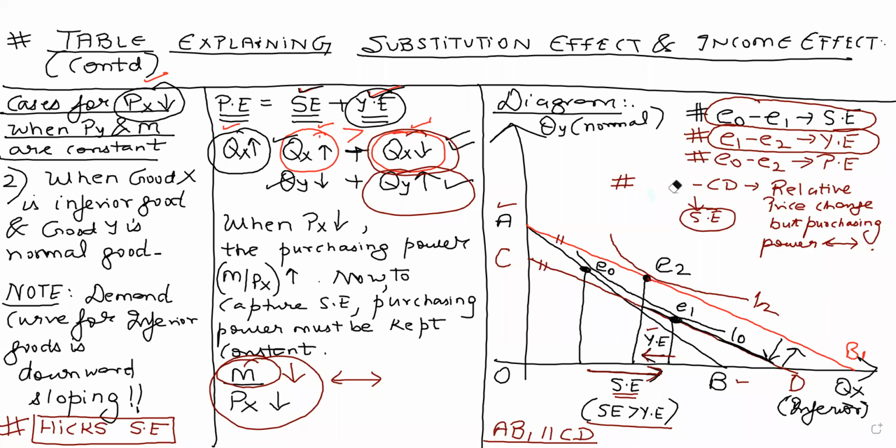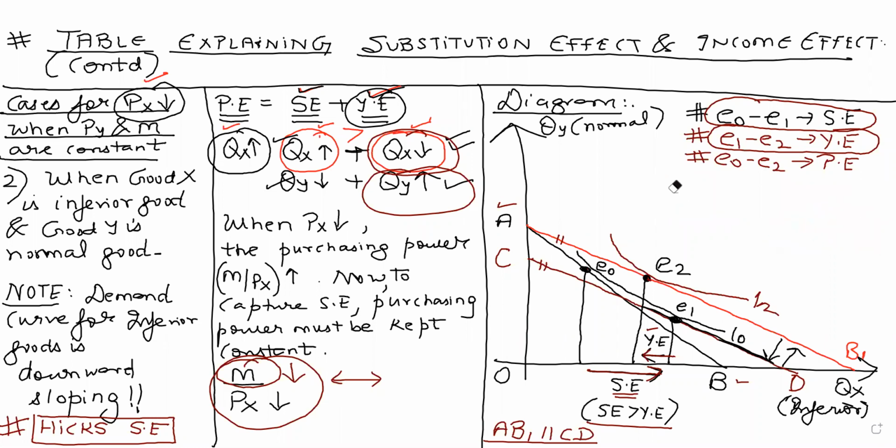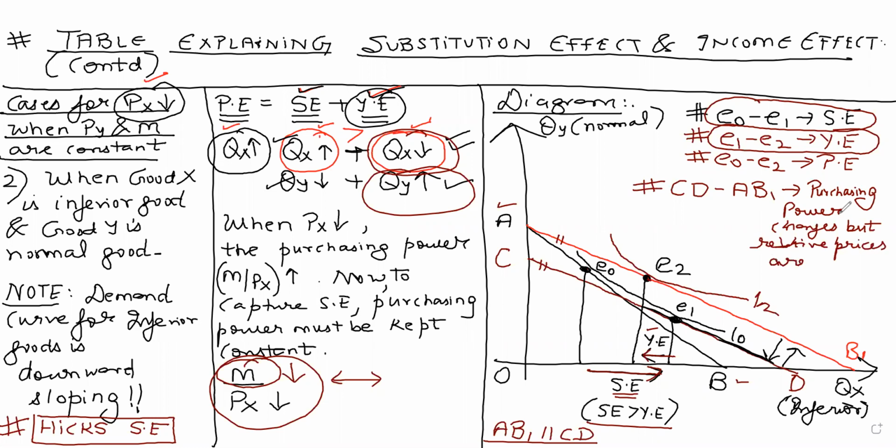And similarly, I can erase this part and write that when we are moving from the budget line CD to the budget line AB1, in this case, purchasing power changes, but relative prices are constant.